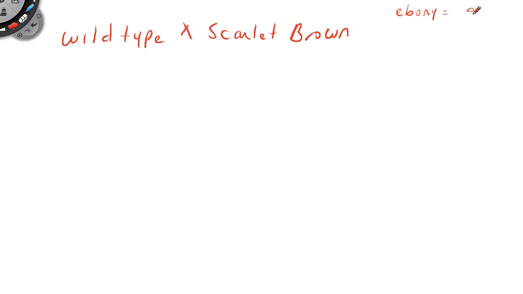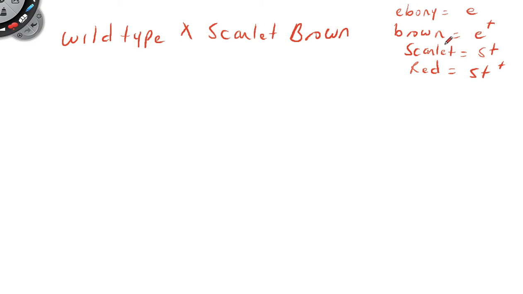Ebony body is this, brown body is this, scarlet eyes is this, and red eyes is that. So remember, the wild type is the dominant.